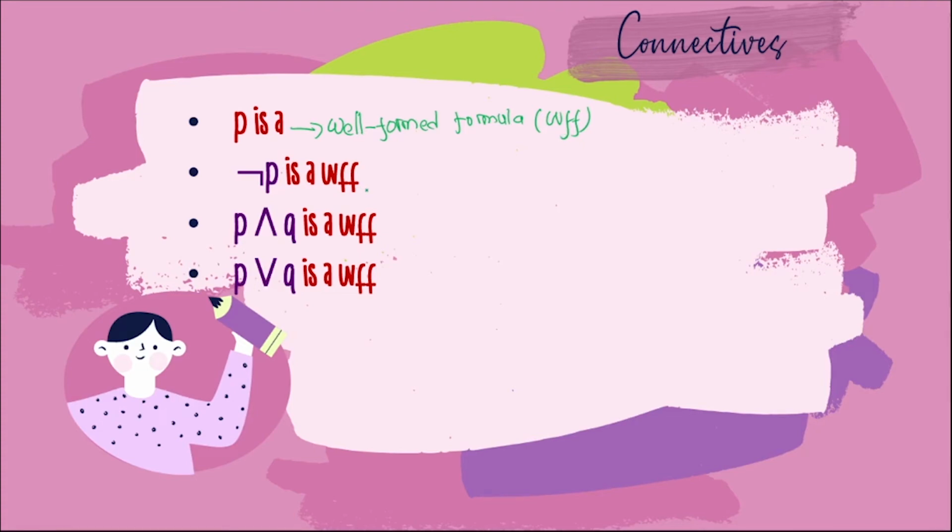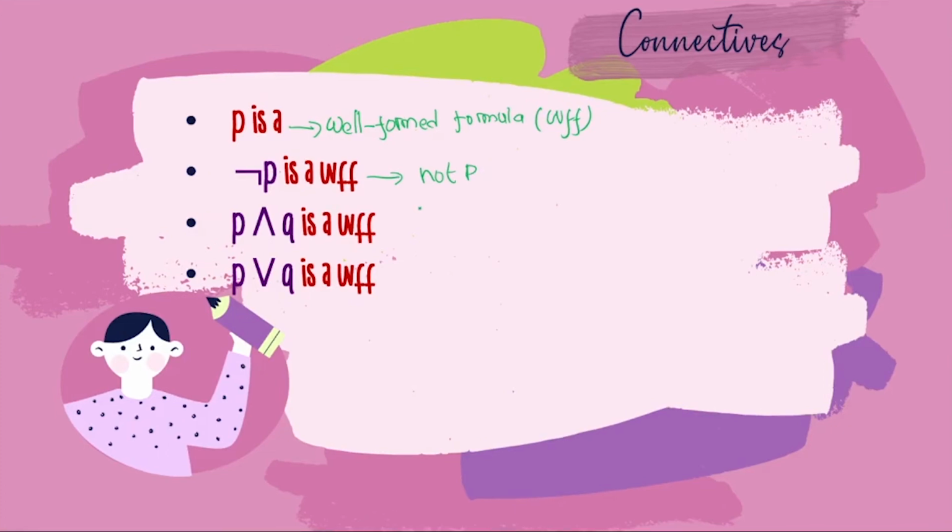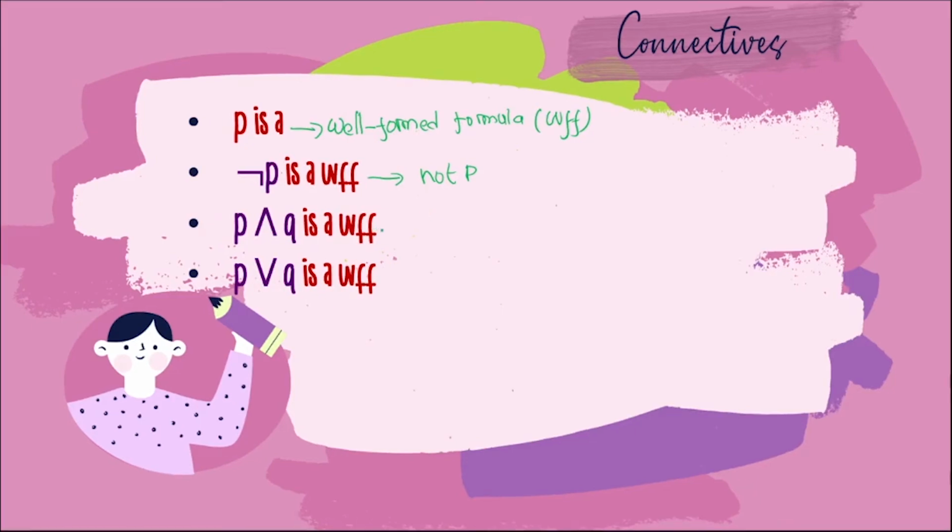The second rule says that not P is a wff. So if P is a wff, then not P is a wff. And this not just means negation. And then, how about this?